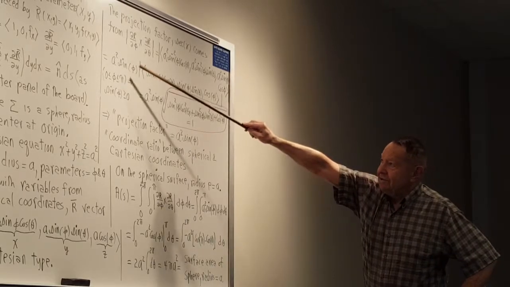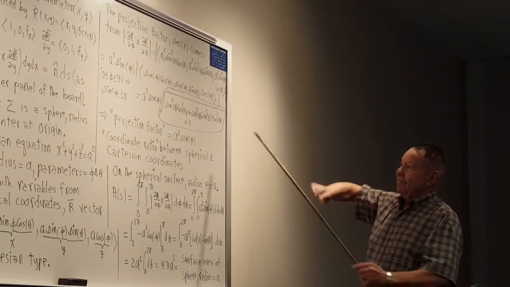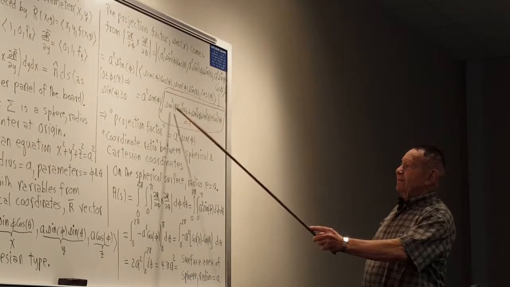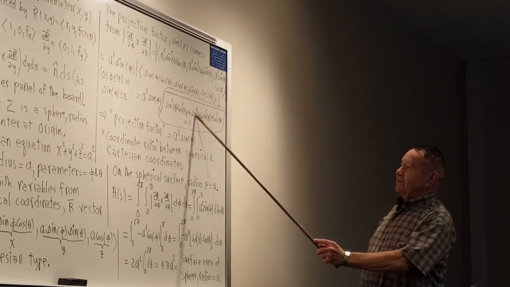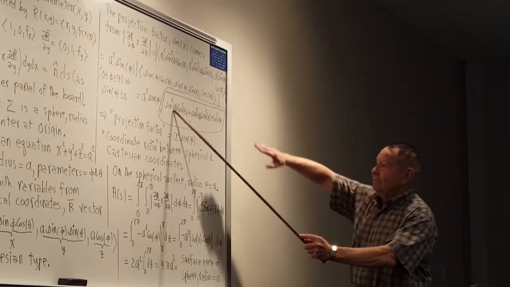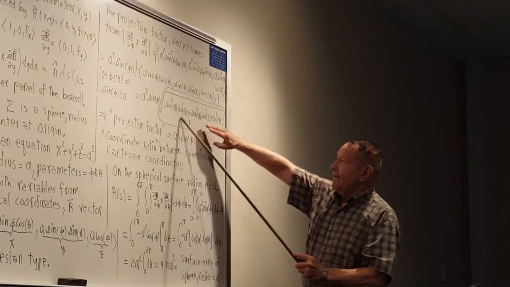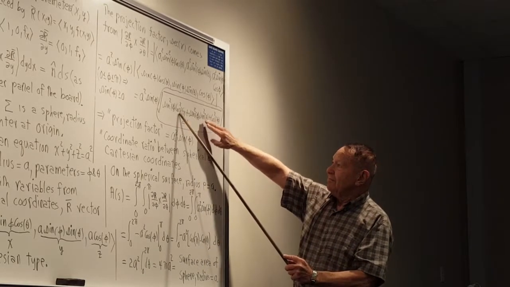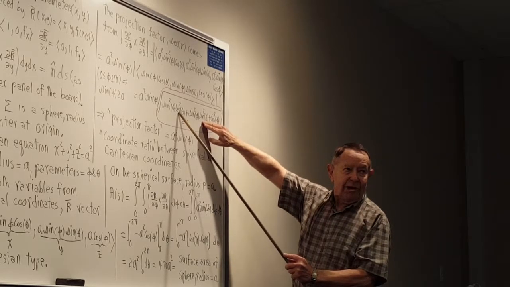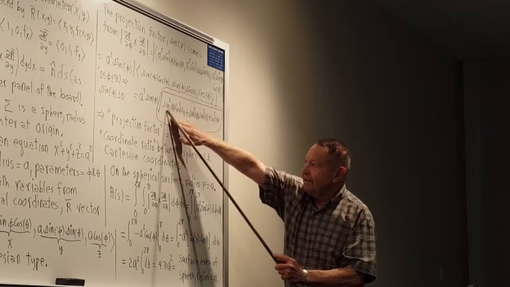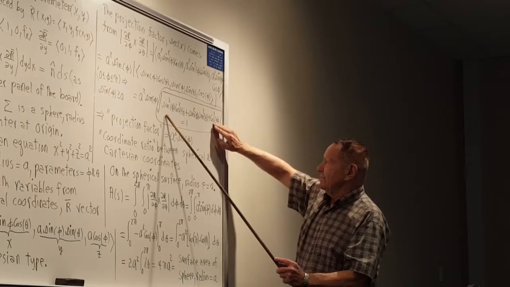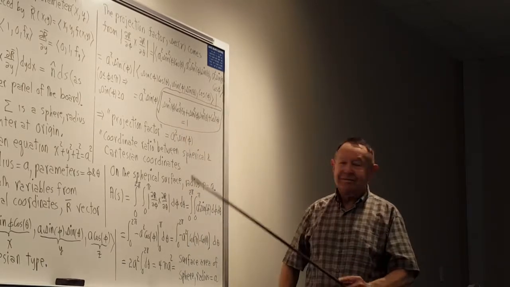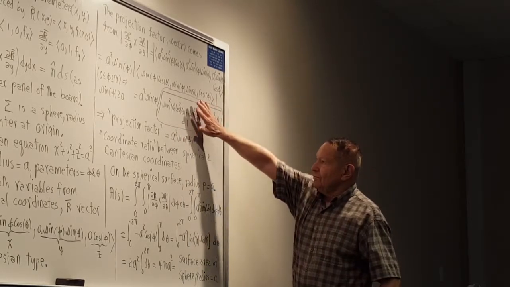And so you'll get down to something that looks like this when you've dotted this vector with itself, and you have this factor out in front. So you look at the sine square phi in these two terms, and you factor that, and the other factor is cosine square theta plus sine square theta, which is 1. So then you have sine square phi plus cosine square phi, and that's 1. So this whole thing is 1.